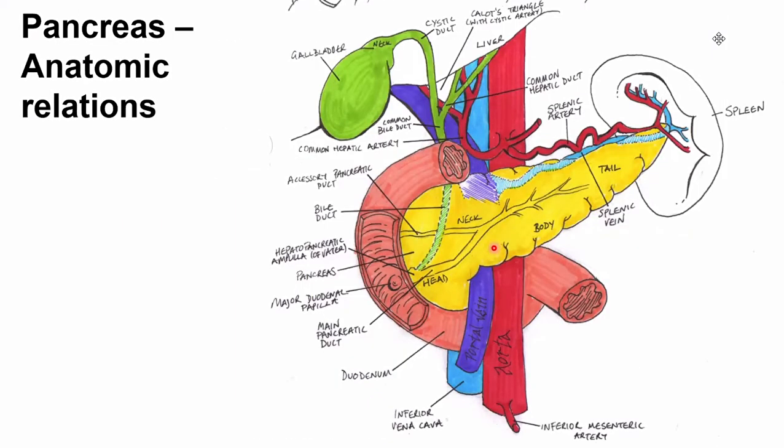Another drawing here is the pancreas. Look at the uncinate, it is behind the portal vein and superior mesenteric vein. Pero at the neck, it is anterior to the location of the inferior vena cava. So the head again lies within the concavity of the duodenum.